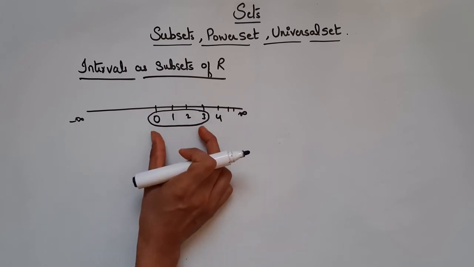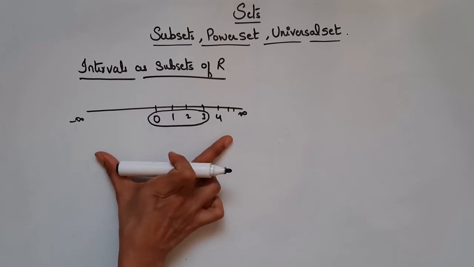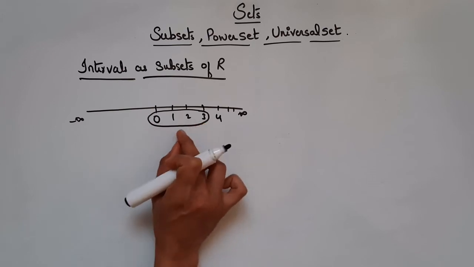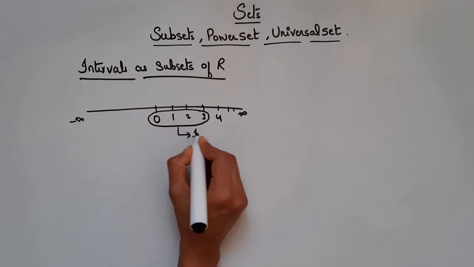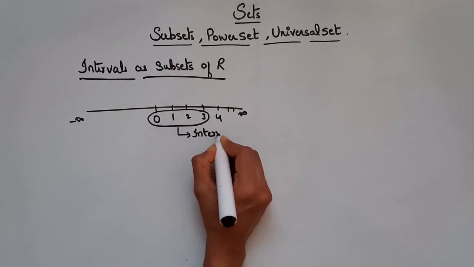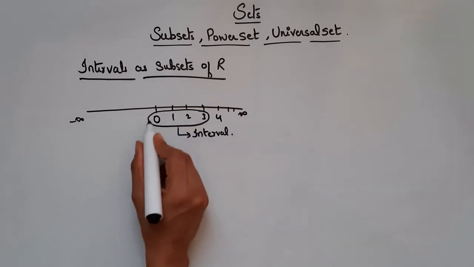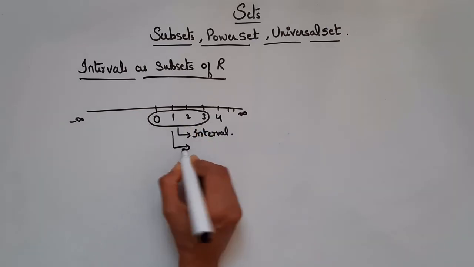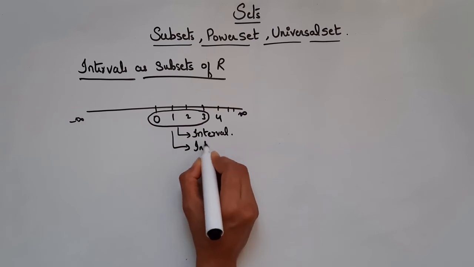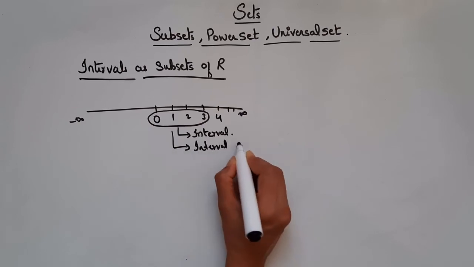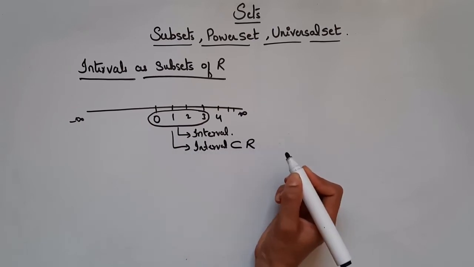So this part is a subset of real numbers, agreed? This part is called an interval. Any part. So this interval is a subset of R, that is, of real numbers.